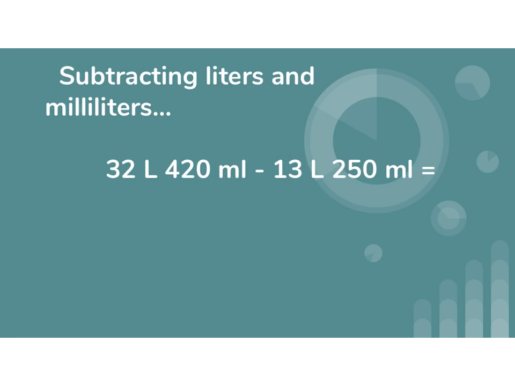Next, we're going to be subtracting. So if we have 32 liters, 420 milliliters, I can change that all to milliliters, and I would have 32,420 milliliters. Subtract 13,250 milliliters.